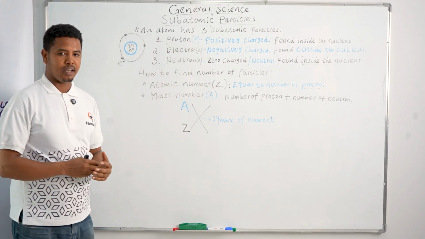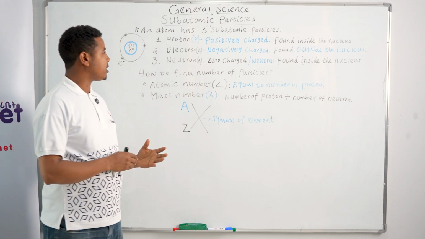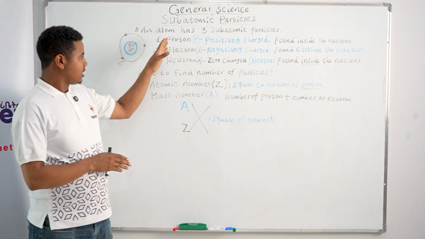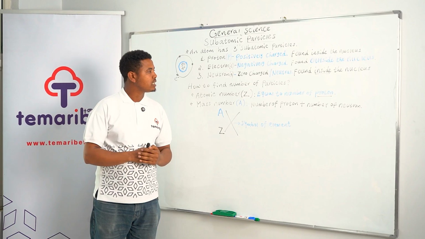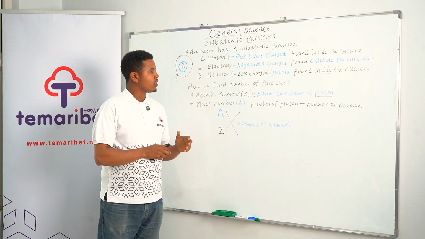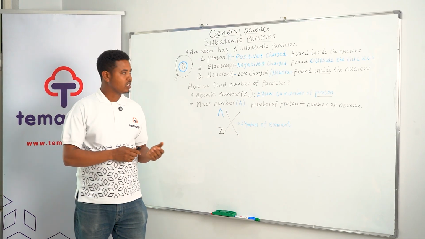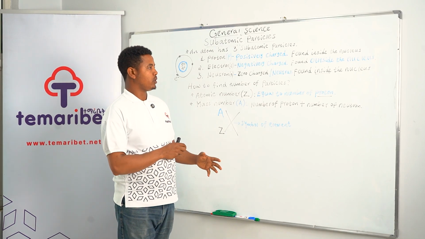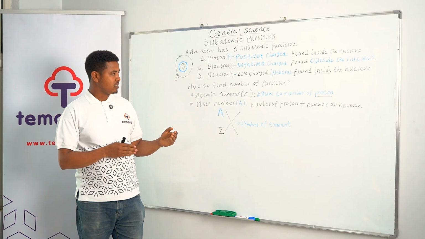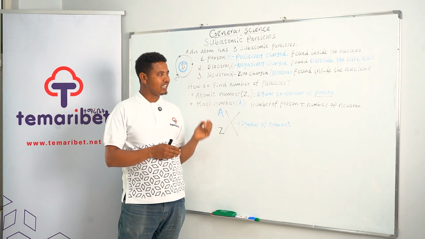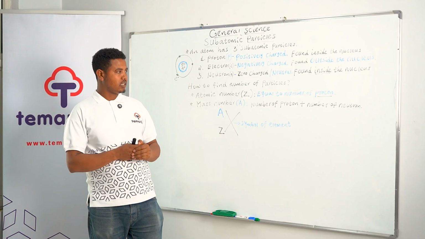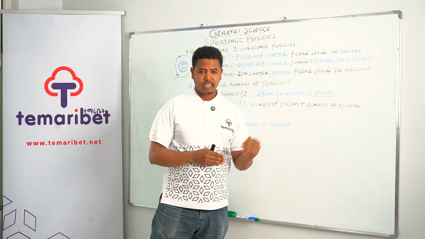An atom has basically three subatomic particles. Those are proton, electron and neutron. Proton is positively charged and found inside the nucleus, and electron is negatively charged, which is opposite to the proton, and it's also found outside the nucleus.